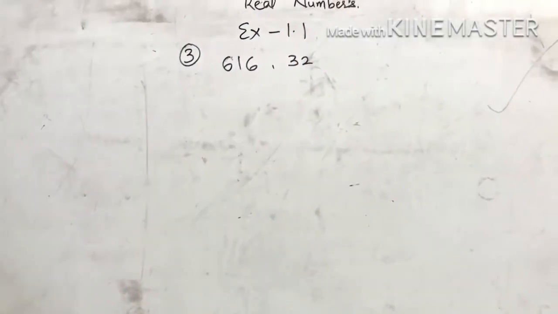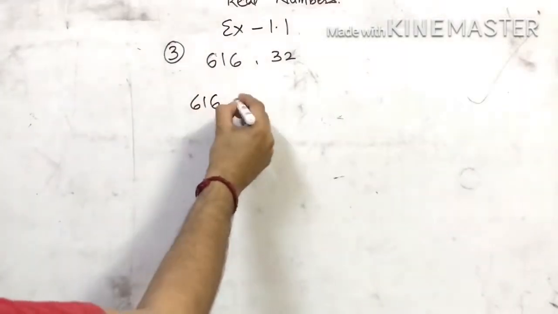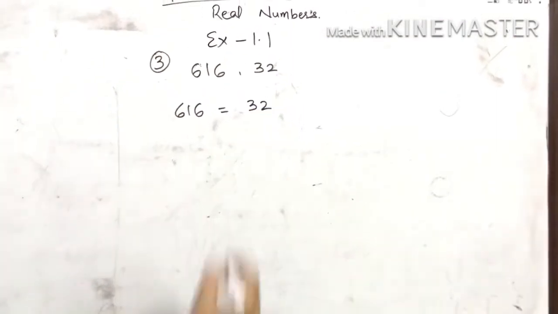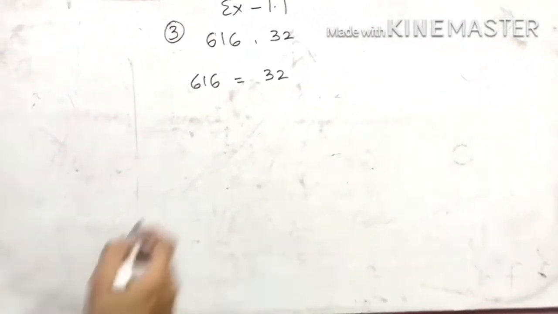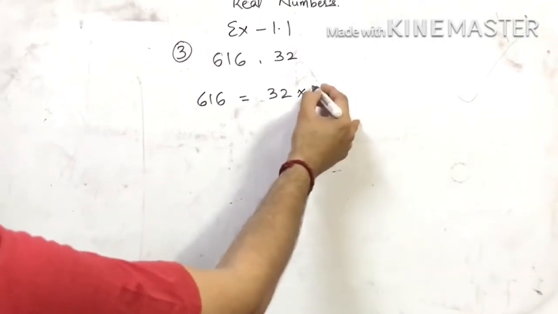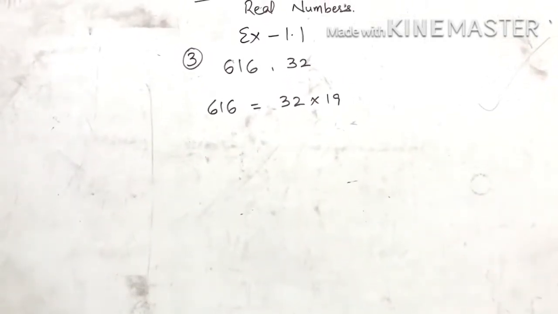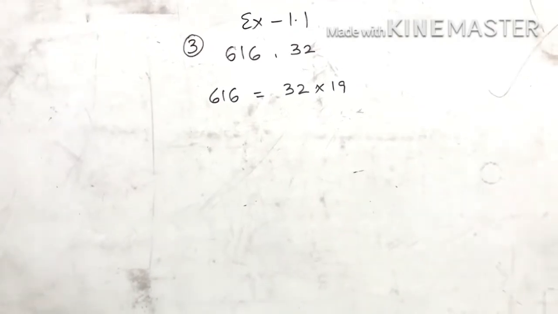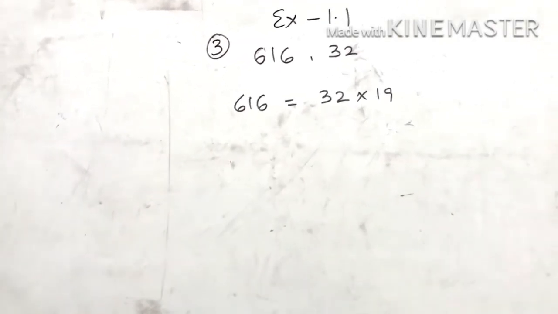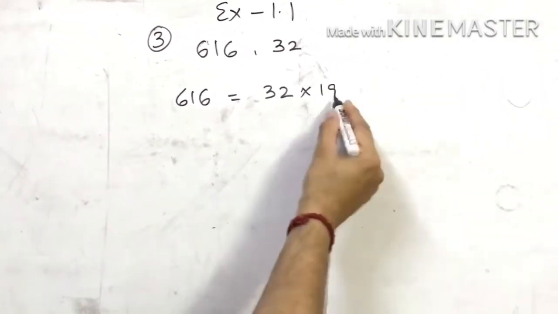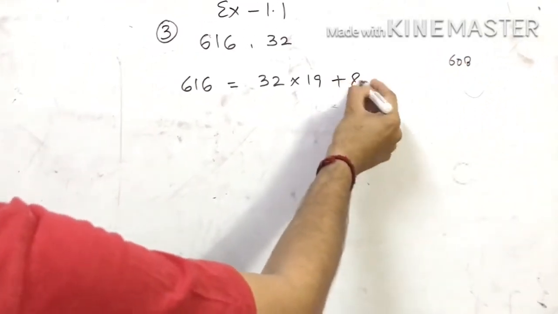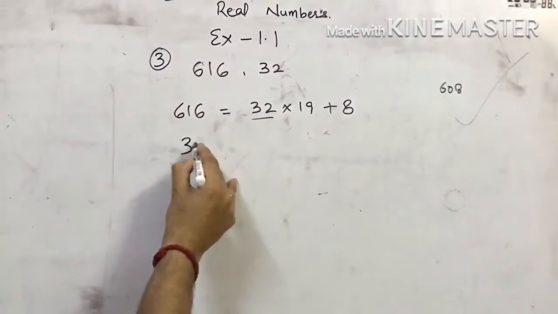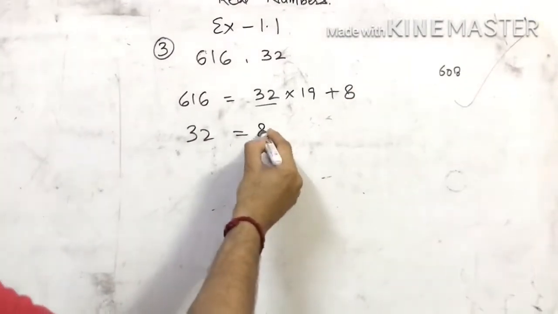so with Euclid's lemma, what will you do? 616 is equal to, you have to multiply by which number? So when 32 is multiplied by 19, you will get 608. So the remainder will be 8. So now this number will come here and the remainder will become the divisor.